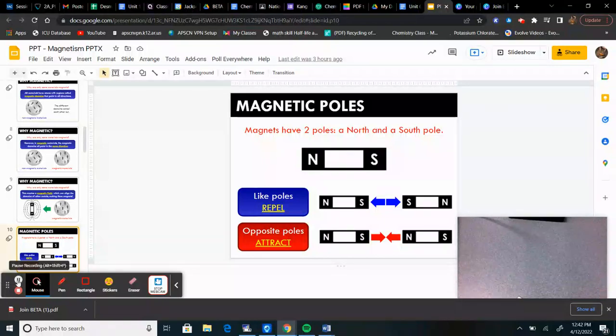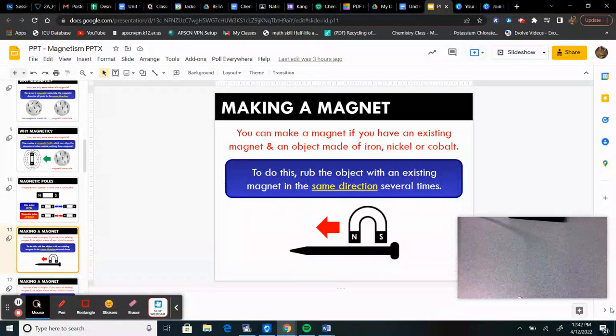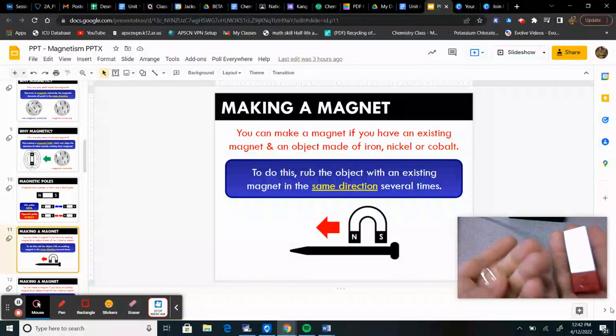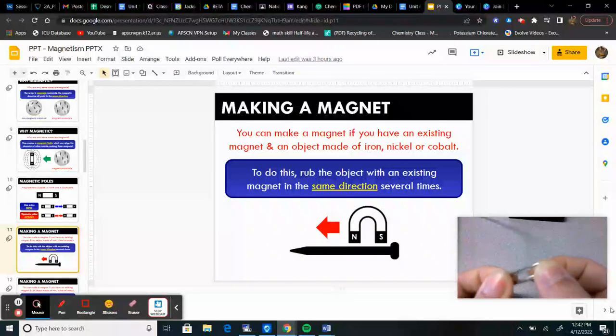So question 7 does go over how you can make magnetic fields in different objects. So the first step is to take a magnet and a material right here. So I have a nickel-based paperclip. That's what I'm looking at. And to create my new magnet, I will simply get my existing magnet and my object made of iron, nickel, or cobalt, and I'm going to rub the object with the magnet in the same direction several times.